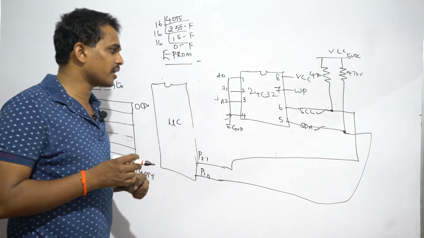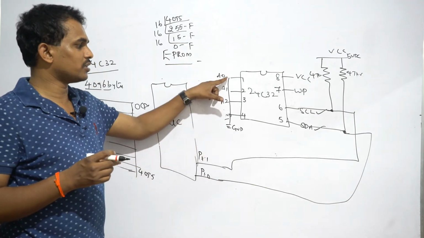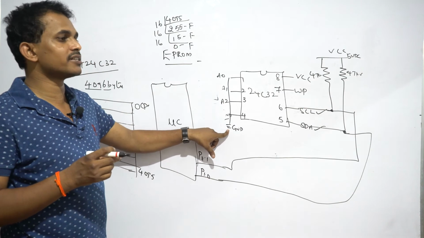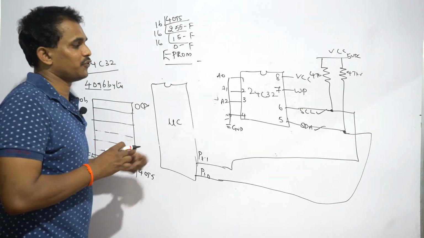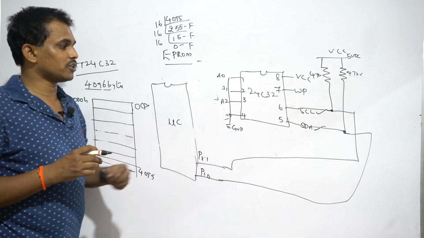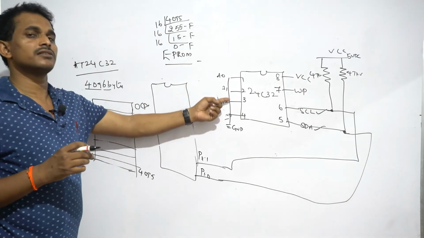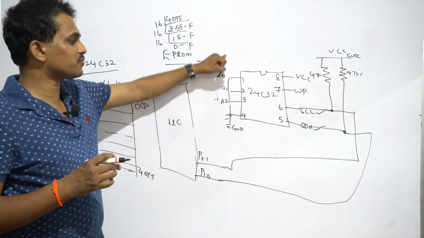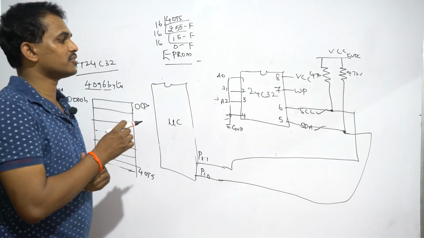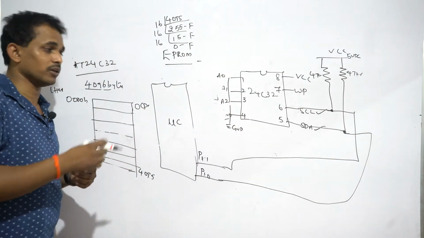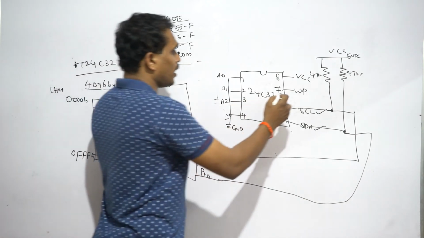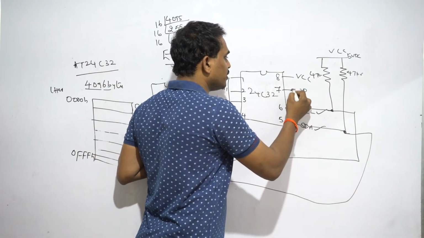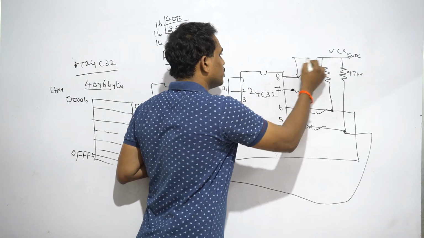But the hardware connection of these 3 lines will decide the logic of these particular pins. If you connect to ground, then you can assign the slave address bits as 3 zeros, and whenever you connect these 3 pins to VCC, you can assign the address of this EEPROM device as 1s. Okay, and this write protect pin you can leave untouched.